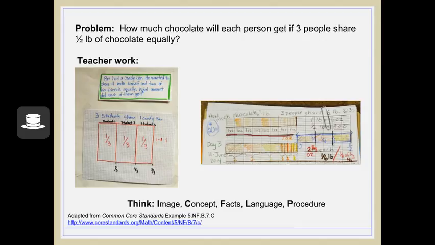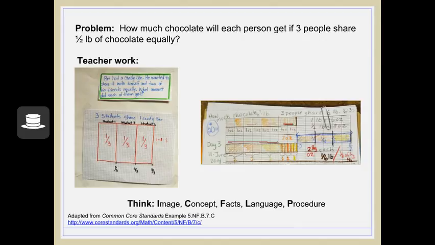So it actually introduces a little bit of a confusion, perhaps, but it also introduces depth because you can do it this way. Here are the 8 ounces here, and if we're going to divide by 3, then we know we can have three groups of 2 complete, and those are these. So each student will get at least 2 ounces, and then we have these 2 ounces here remaining, and they need to be divided up evenly by 3.